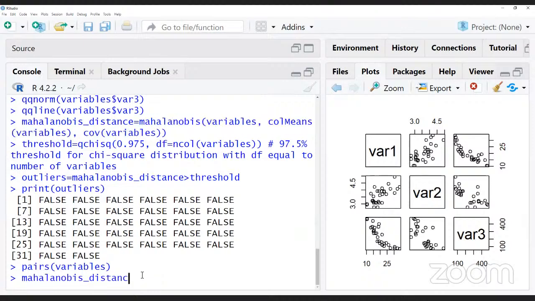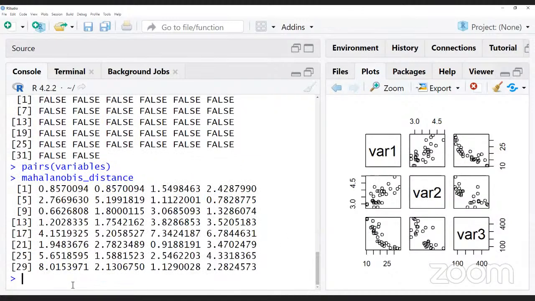Okay, sir. So enter. Okay. So this is the Mahalanobis distance. So you got 32 data. Right.